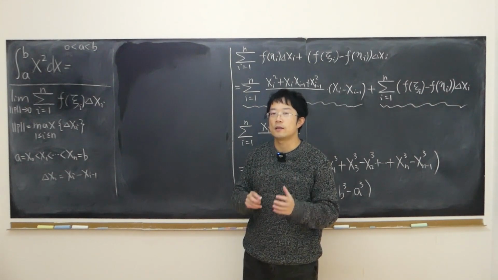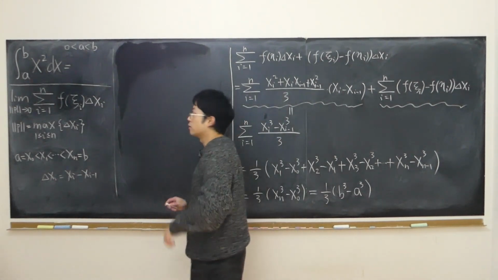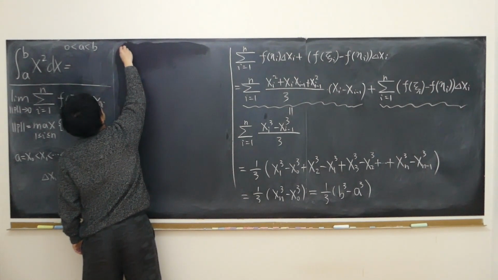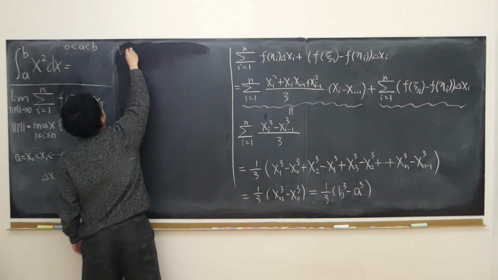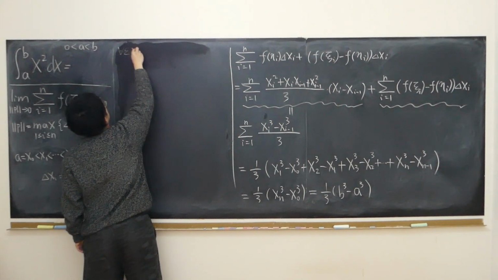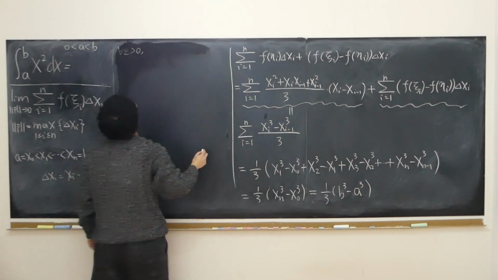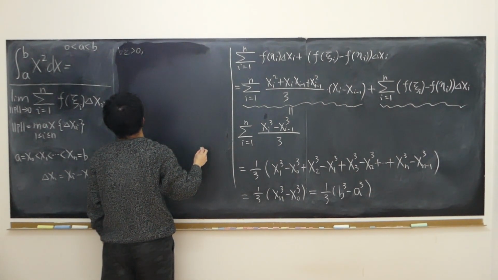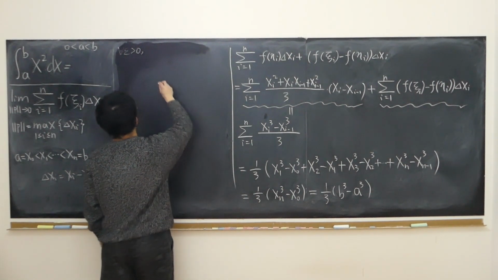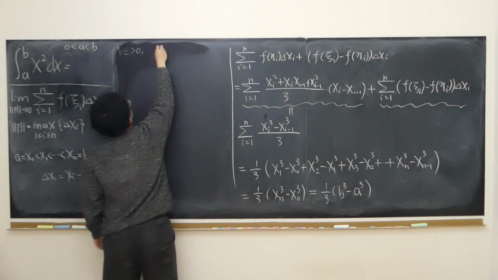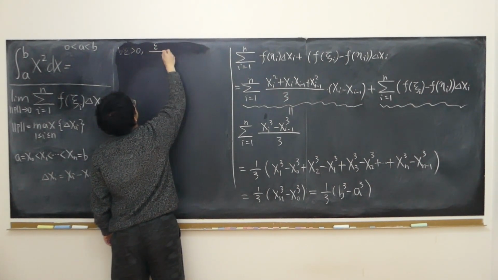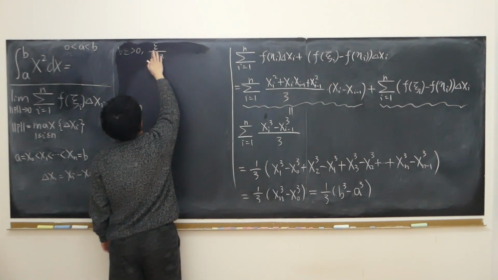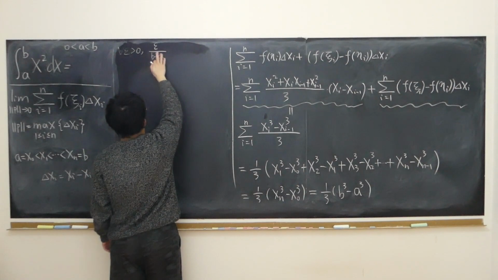Therefore, for any two points within this interval, t1, t2, given any epsilon larger than 0, I can derive a positive constant, let's call that epsilon over b minus a. So this is also any given positive constant.